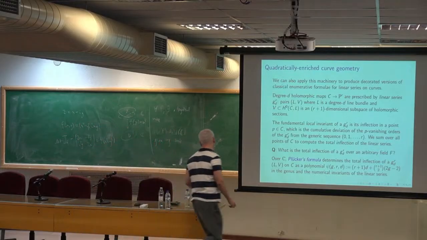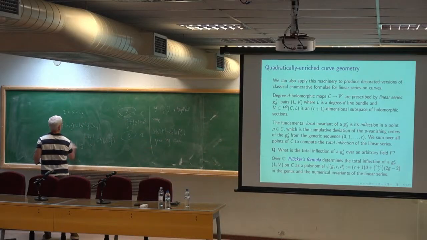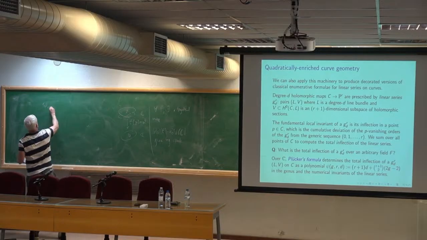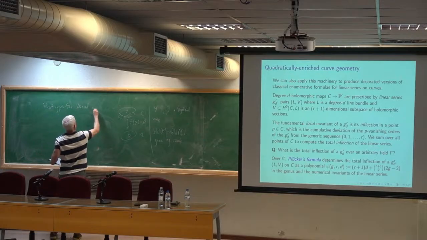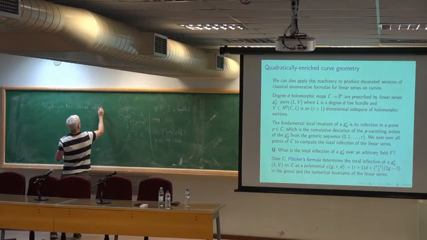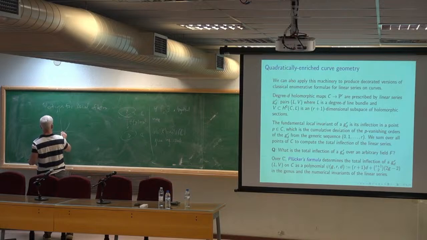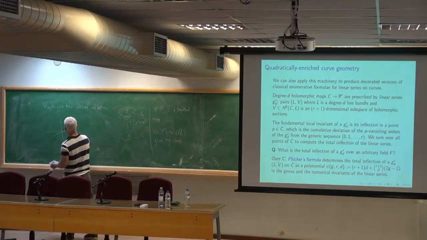And very concretely, how do you visualize this? The prototypical example for local inflection is what you see in calculus class. You have an inflection point at the origin, so this is y equals x cubed.